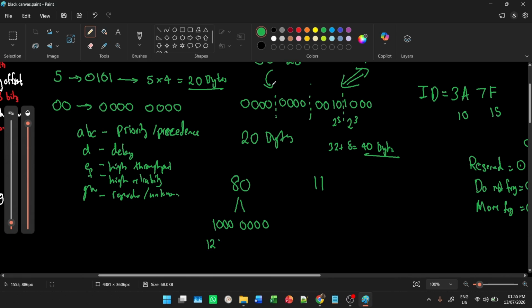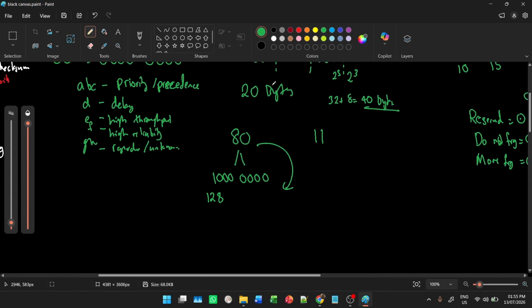So this is 128, right? Again, you can also convert this using base decimal values. So it's going to be 8 times 16, which I believe is equal to 128. I'm not sure, but I think so. So this is how many more routers it can go through.